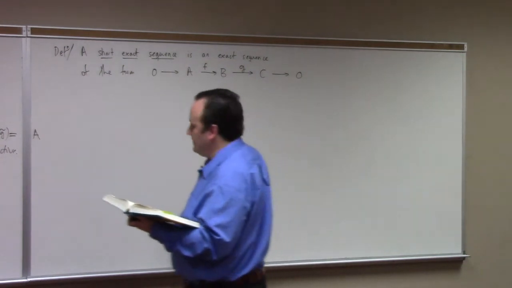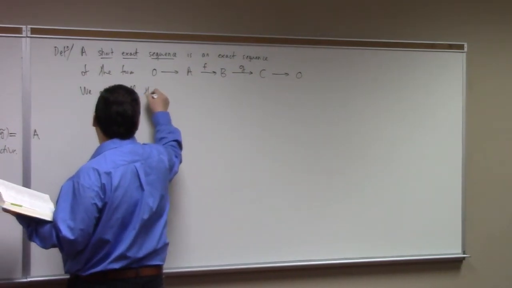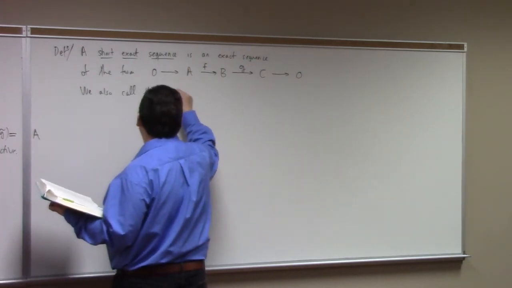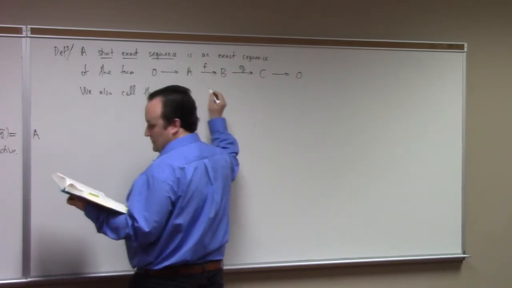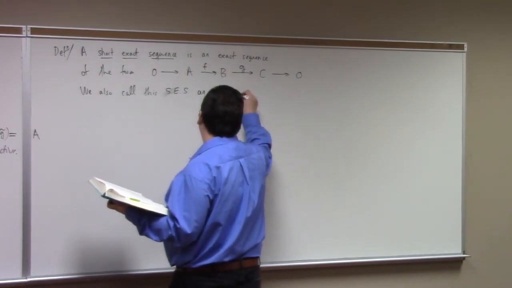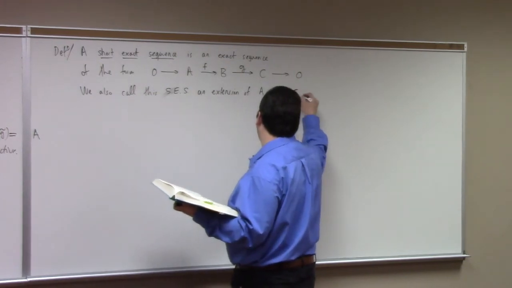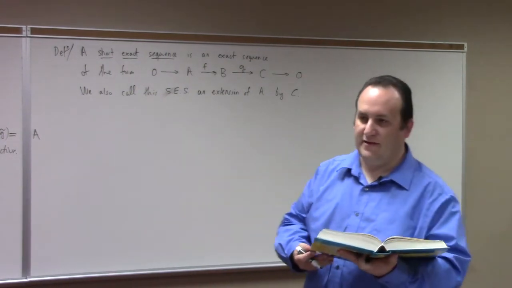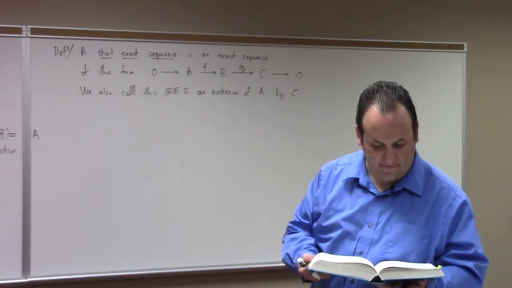And he says we also call this short exact sequence, which I'm going to abbreviate as SES, an extension of A by C. And then he says we also sometimes call the middle module B an extension of A.